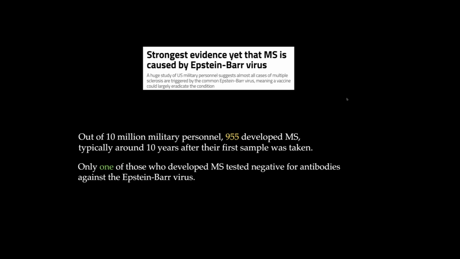They did it for around 10 million people, but not completely randomized. What they found was that of the 955 patients with MS, 954 had antibody for Epstein-Barr virus. So I don't know what the correlation in India is, or its significance as the triggering factor for MS.